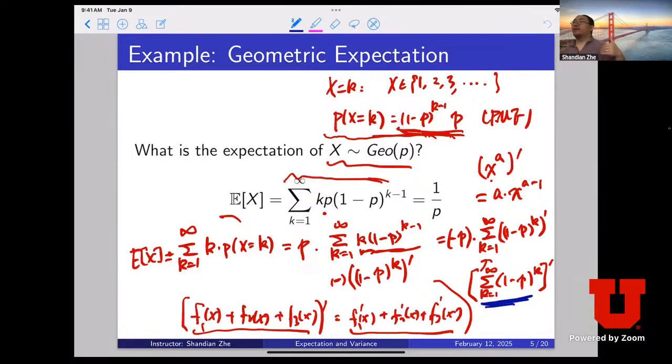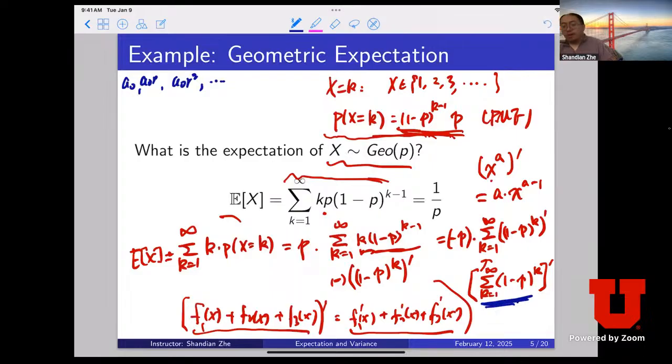So this is a geometric sequence. For a geometric sequence, it's like a0, a0 times r, a0 times r squared. All the successive terms have a constant ratio, so this is a typical geometric sequence.